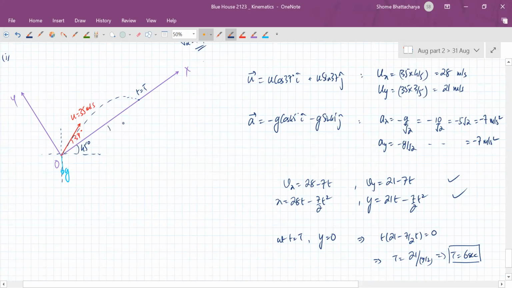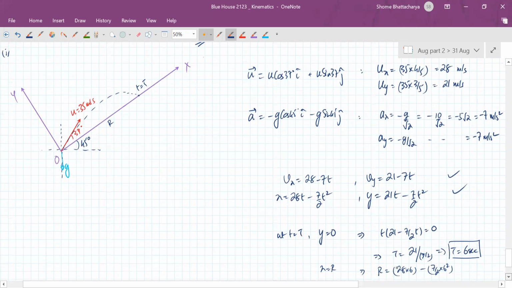And X should become equal to R. So range will become 28 into 6 minus 7 by 2 into 6 square.